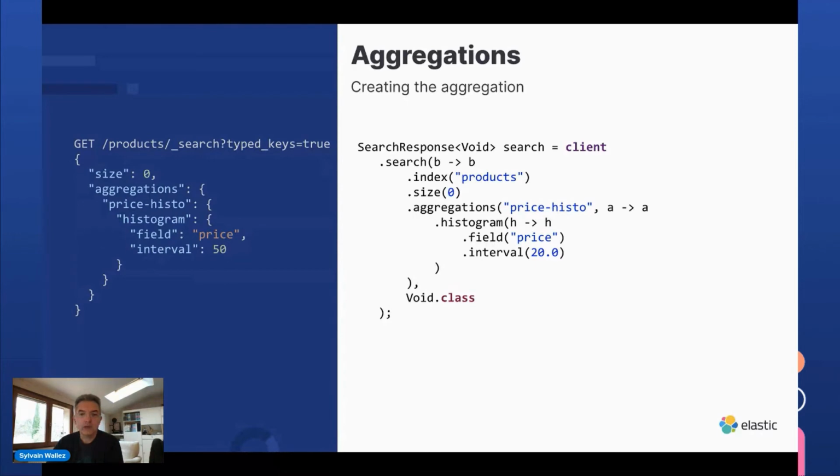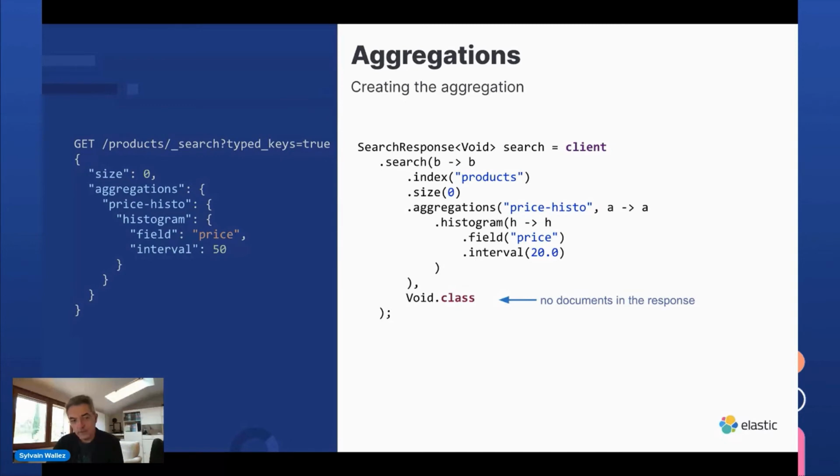We name our aggregation price-histogram, and then again with the union auto-completion from the IDE, we choose the histogram variant and set its fields, price and interval. And we say here that the target class that we set on this search query is Void. What does it mean? Since we set the size to 0, there will be no result document returned in the query, and we don't care about setting a class that needs to be mapped from JSON. So we just say, okay, this is Void, and any document that comes back from the search request will just be ignored.